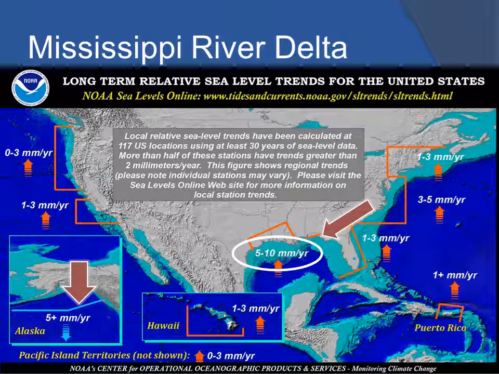I'm going to focus on the Mississippi River Delta here because it is the area of the United States that is experiencing the highest rate of sea level rise, because the delta is subsiding while sea levels are rising, and also because the area is biologically and economically significant.